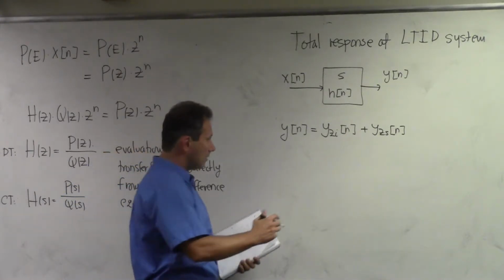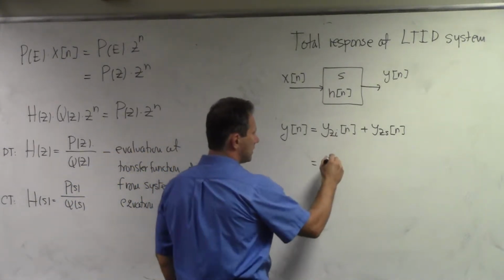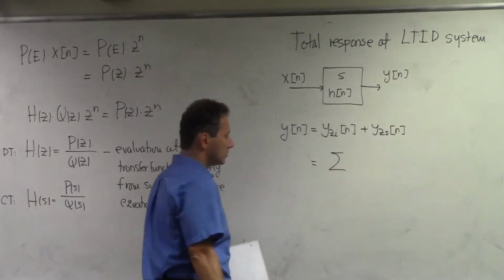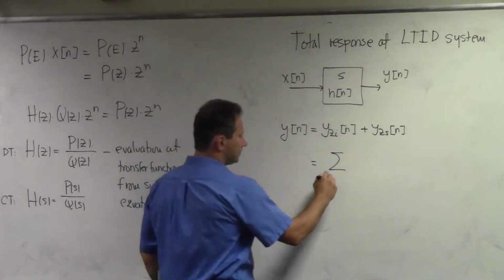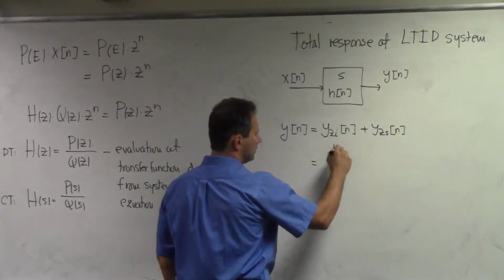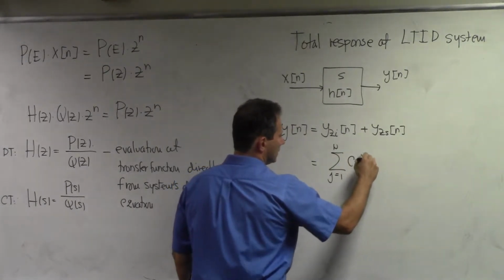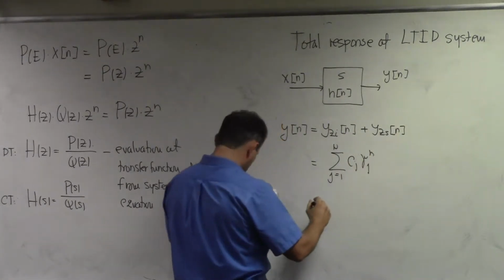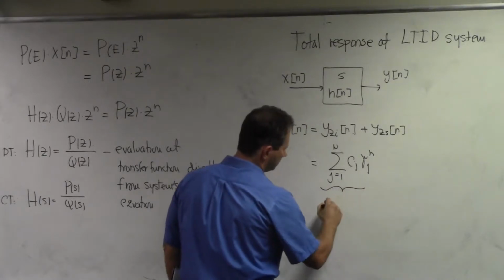Now, what we also know is that this part here is going to consist of the characteristic modes. So j is going to be 1 through n, c j, gamma j to the n. These are your natural modes.